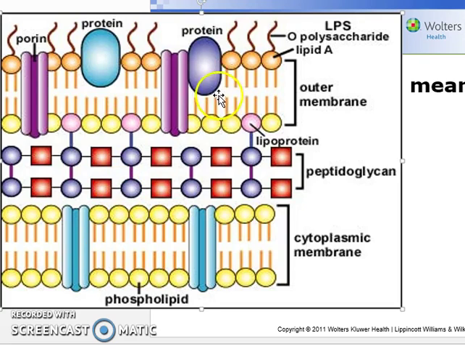Okay, and this particular diagram here, this is an example diagram from a gram-negative bacterial cell, and I know that because it has one thin layer of peptidoglycan, and on top of that thin layer of peptidoglycan, we also have a structure that's referred to as an outer membrane, and only gram-negative bacteria will have an outer membrane. Gram-positive bacteria do not.